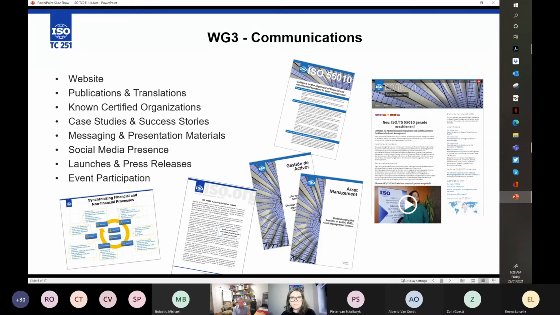They do a newsletter, and all the publications that we do produce, which is starting to increase quite significantly now, they look after, and they manage that certified organisations piece. There's a link to their website at the end of the presentation where you can get into the whole TC251 work group. So they are a very active group internally.